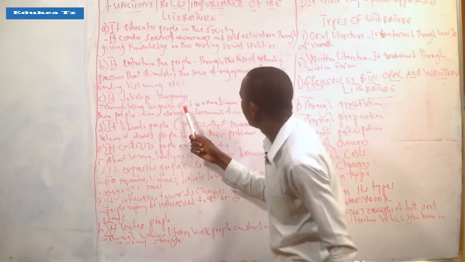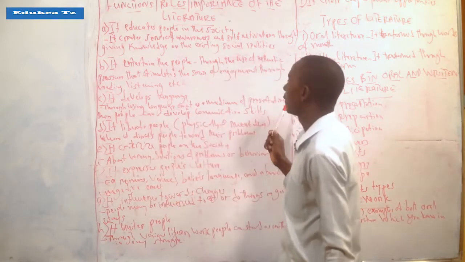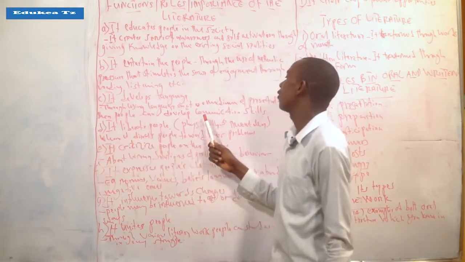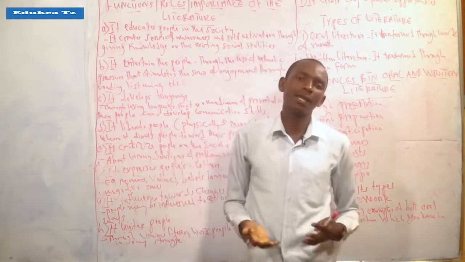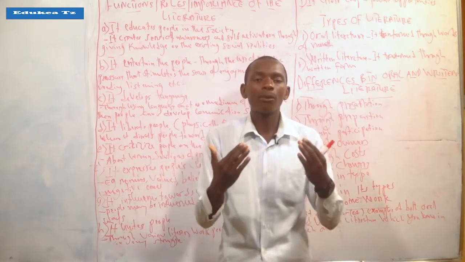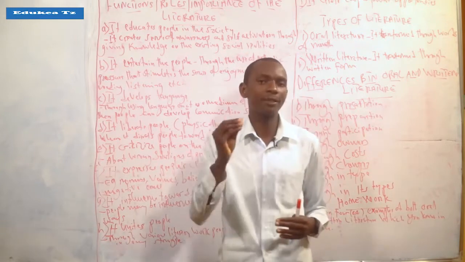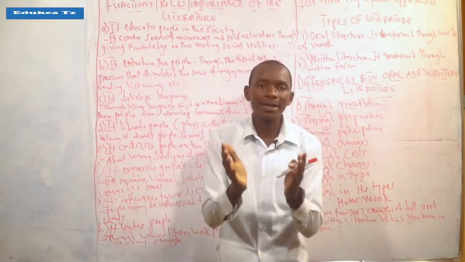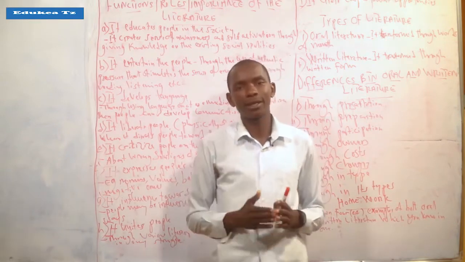Through using language as a medium of presentation, people can develop communication skills. So when we are reading any kind of literary work, we can develop a communication skill, specifically reading skills. That's why reading skills is one among the communication skills.